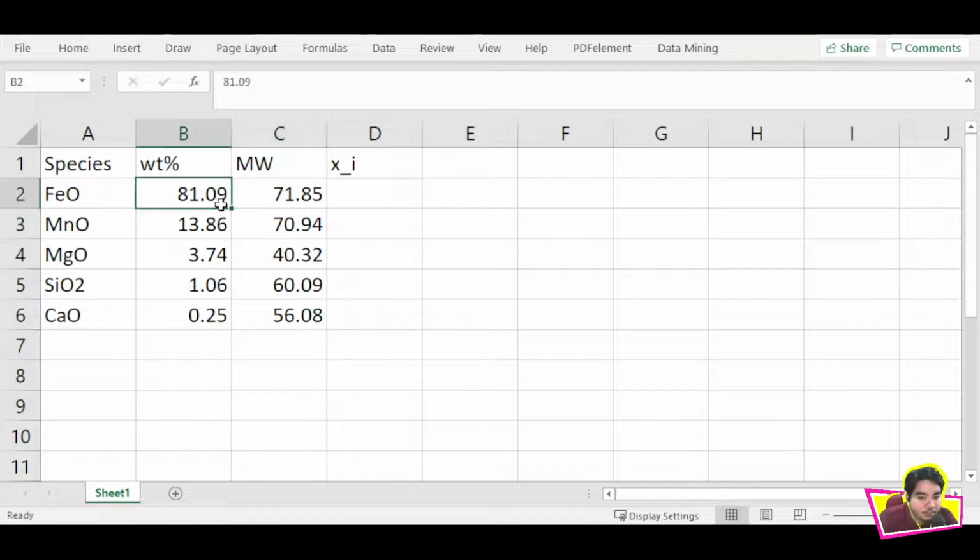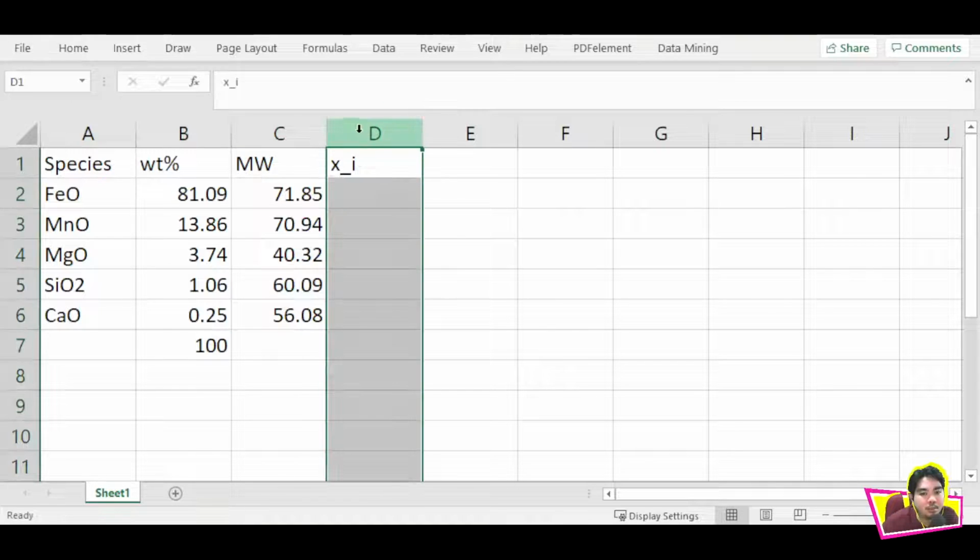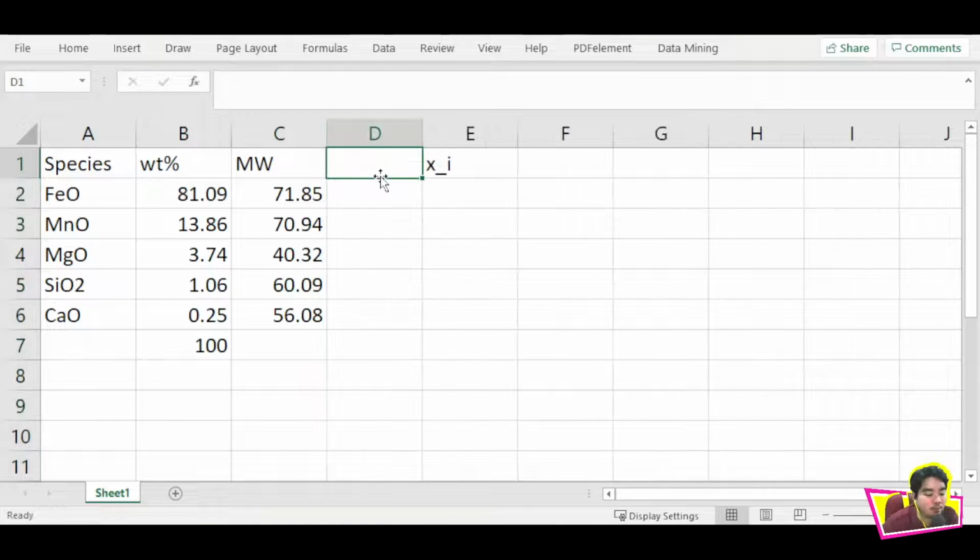Okay. Now, this is gram per gram, no? And we want to compute for the molar fraction. Then kailangan natin makompute yung number of moles muna, no? Tama? So to get the number of moles, let's just be sure na 100 nga ba to? 100 naman siya. Okay?